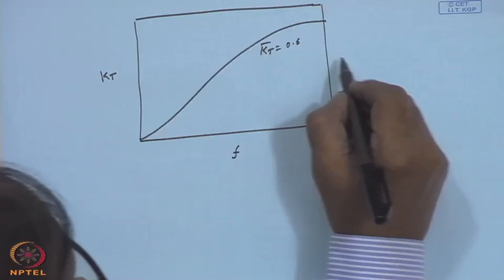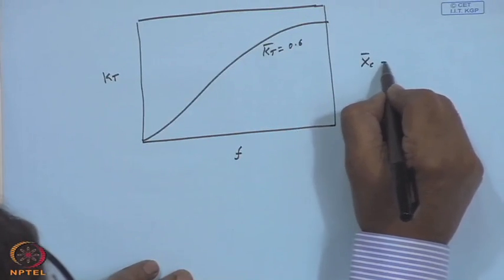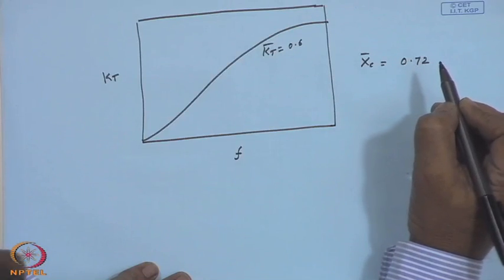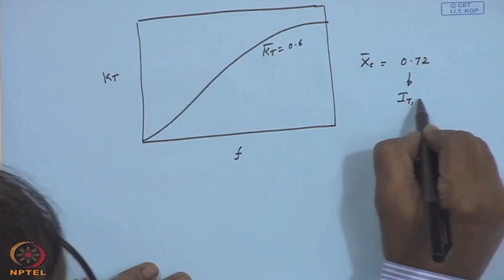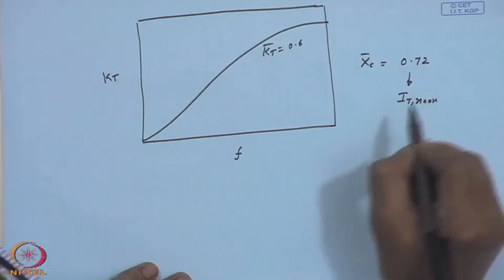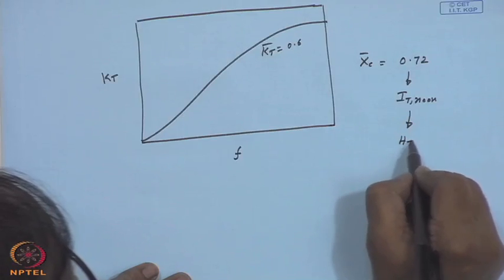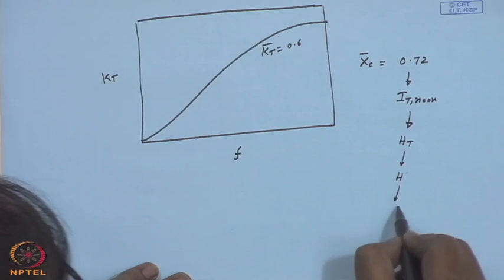Okay. So, xc bar is some value, 0.72. So, this corresponds to a certain It noon. This corresponds to a certain Ht and h and KT.